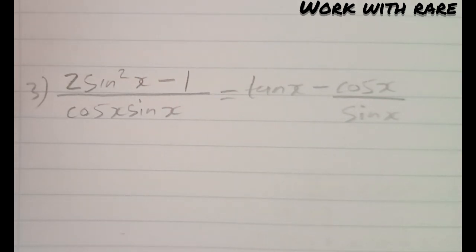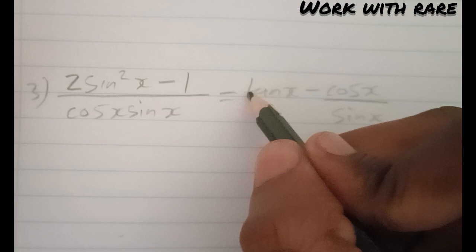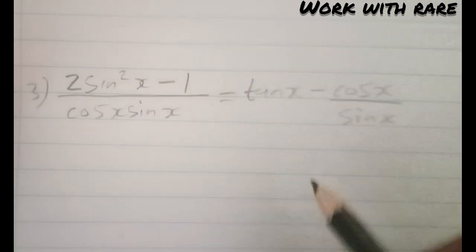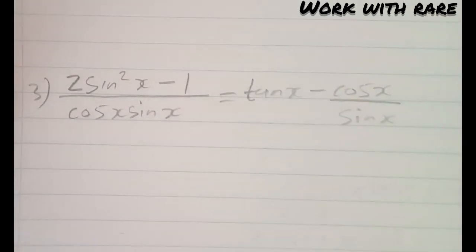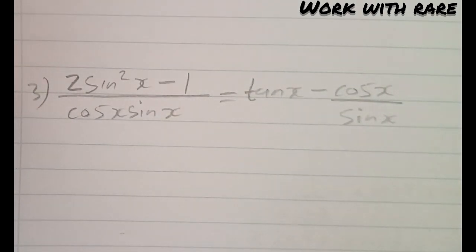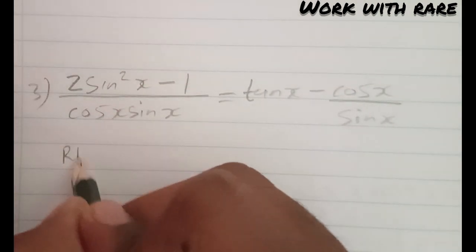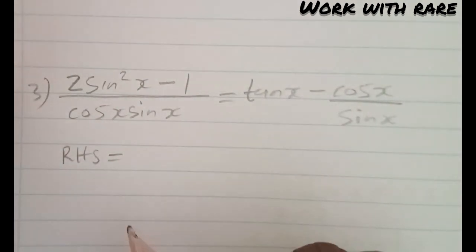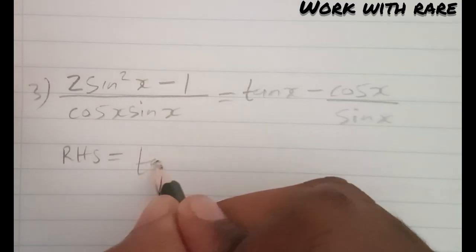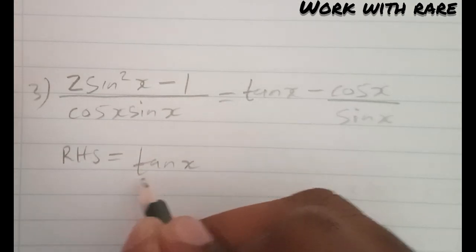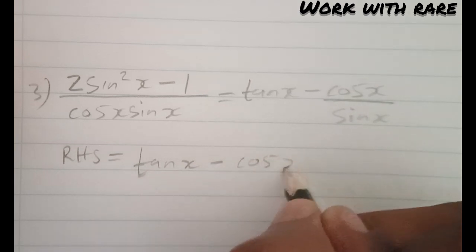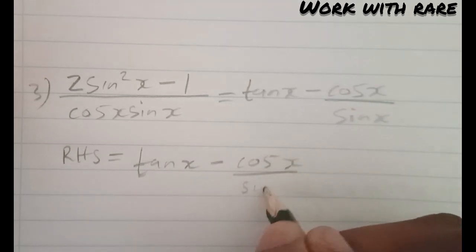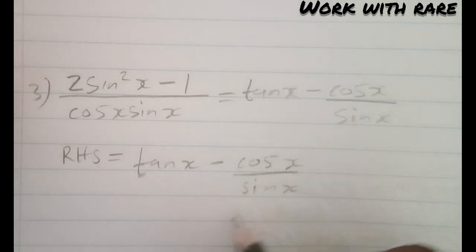When I look at these two, I can see that the left one is well fixed, and this one has tan, so I can break down the tan to see if I will get this. I will say right hand side is equal to tan x minus cos x over sine x.